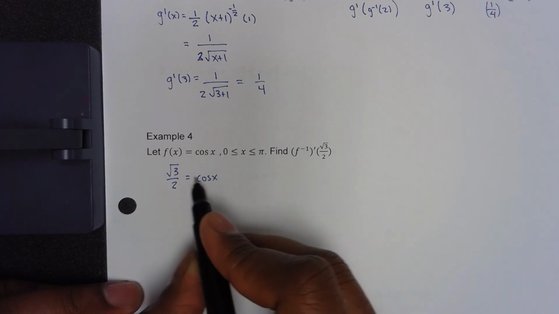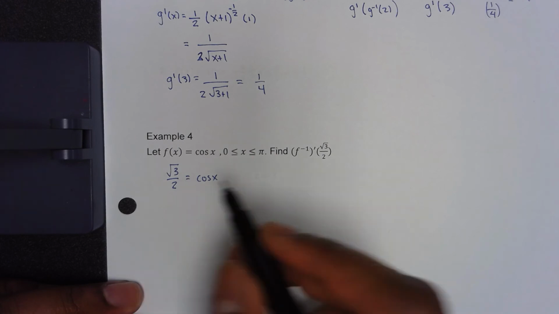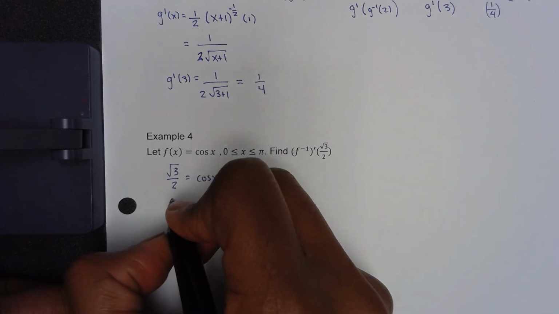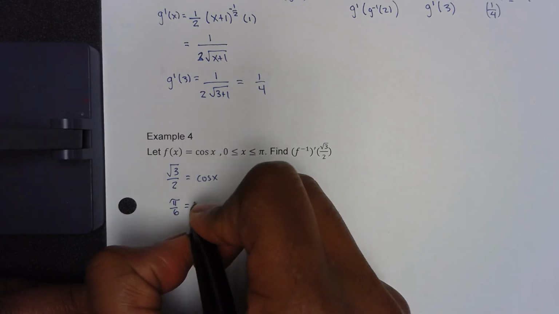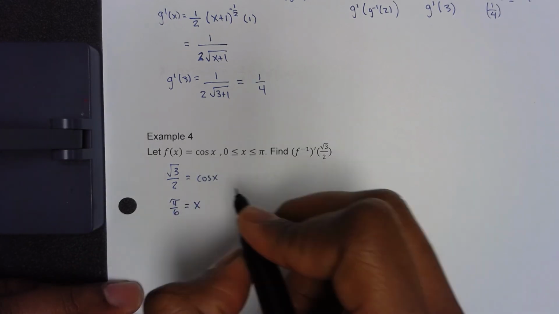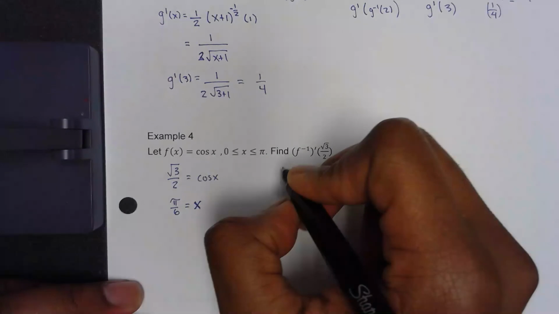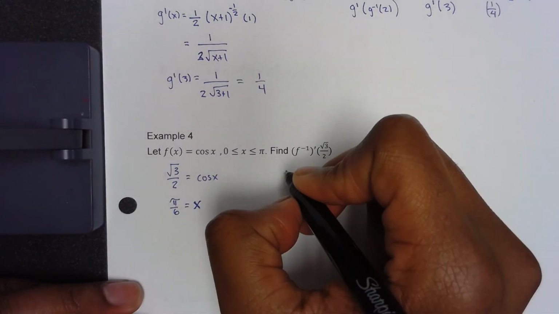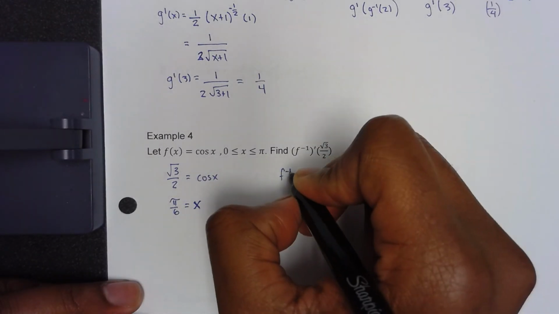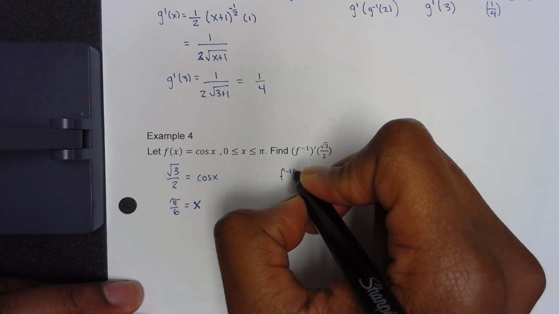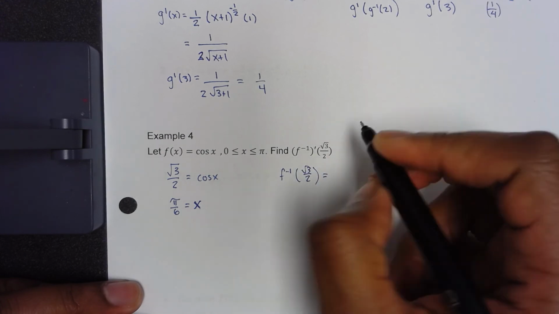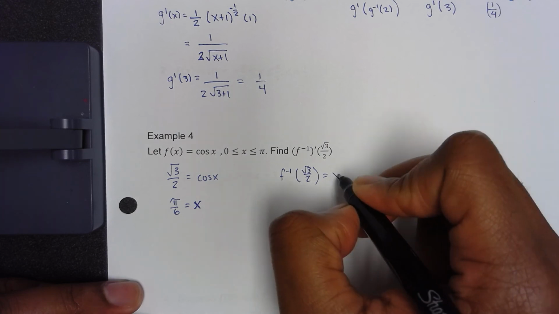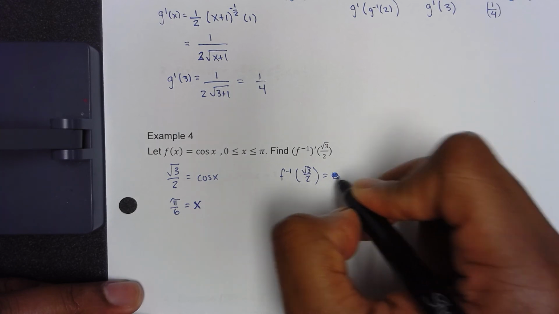Where is cosine equal to square root 3 over 2? That's in quadrant 1, so we should get pi over 6 equals x. So we get f inverse of, how do you write this? Square root 3 over 2 equals, what was that, pi over 6?